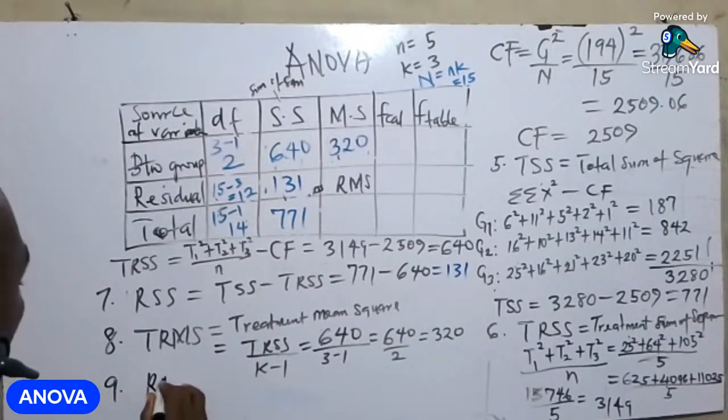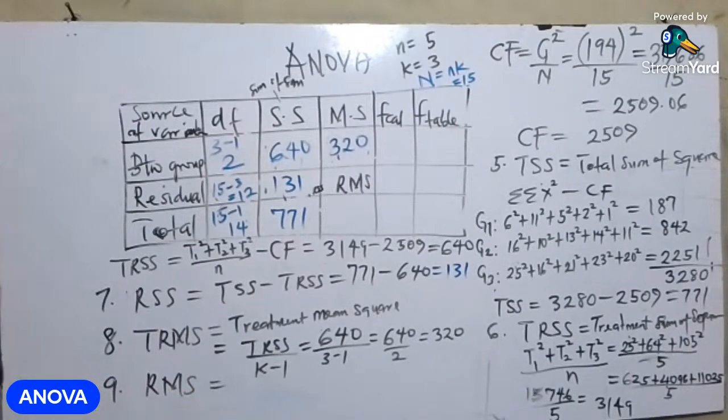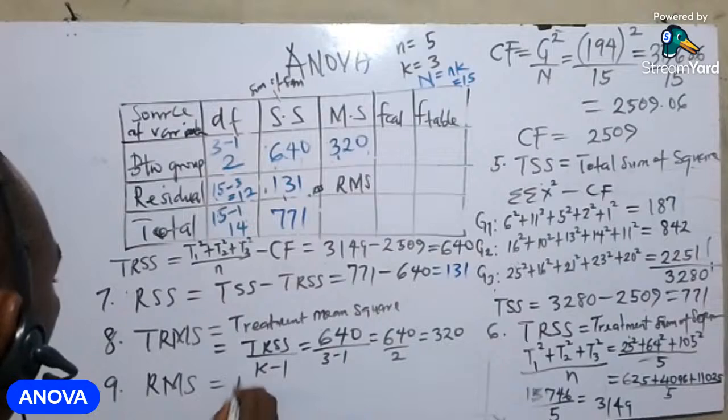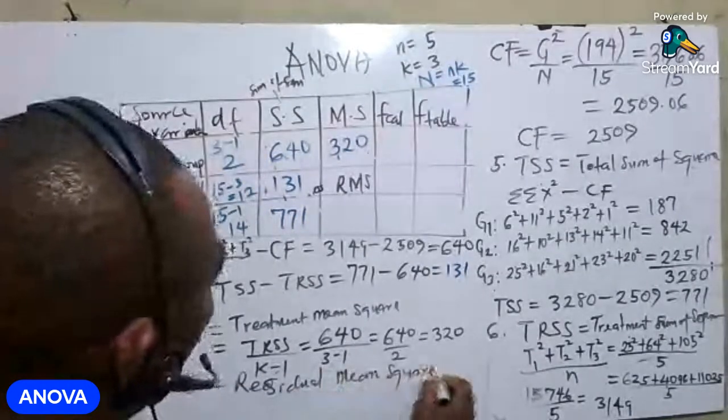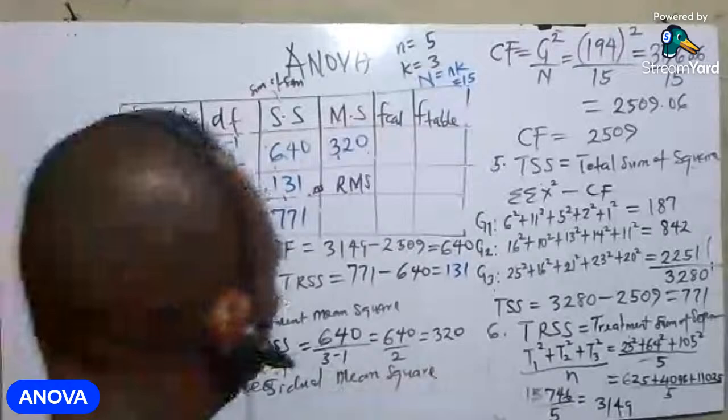Step 9, RMS. So what is RMS? RMS is the residual mean square. So what is residual mean square?